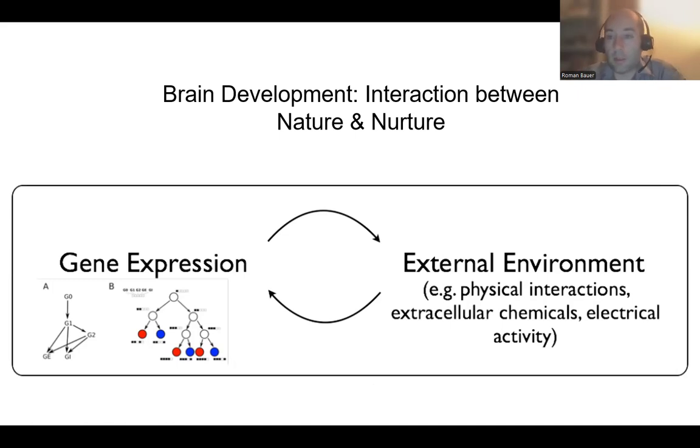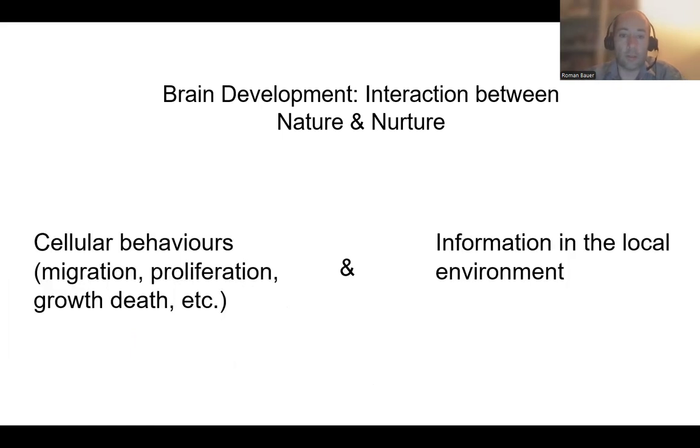So a cell can, for example, grow and migrate and so on. And it does this by utilizing information that is available at its local cell body. And it can also change the information and write on this local environment. And so essentially we have cellular behaviors that interact with the information that is available in the local environment.